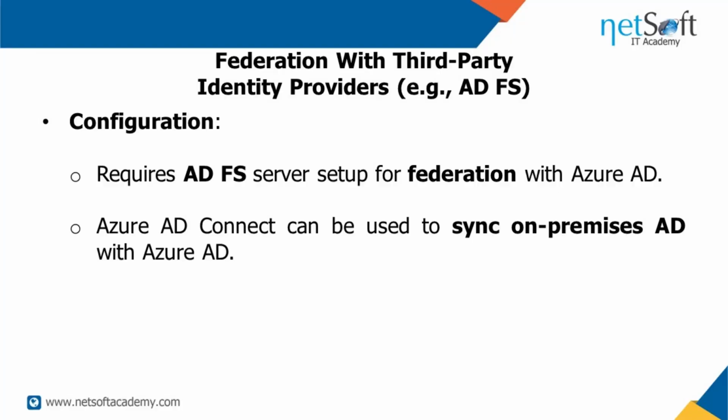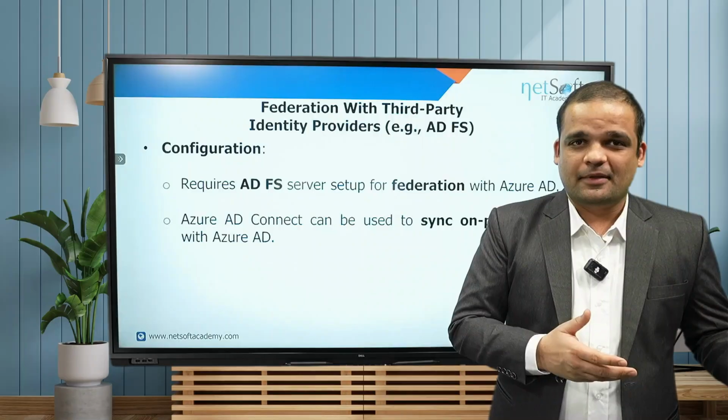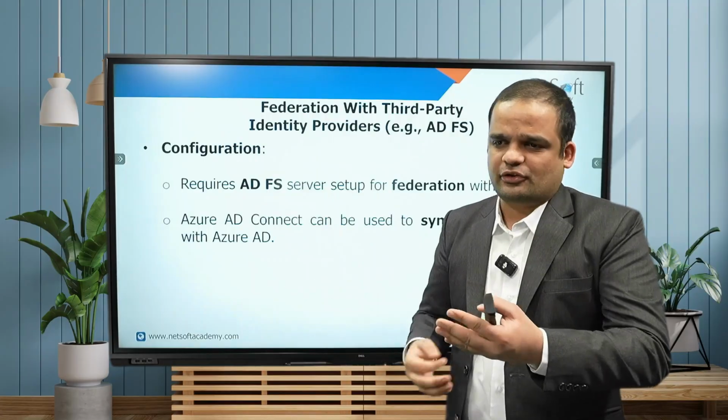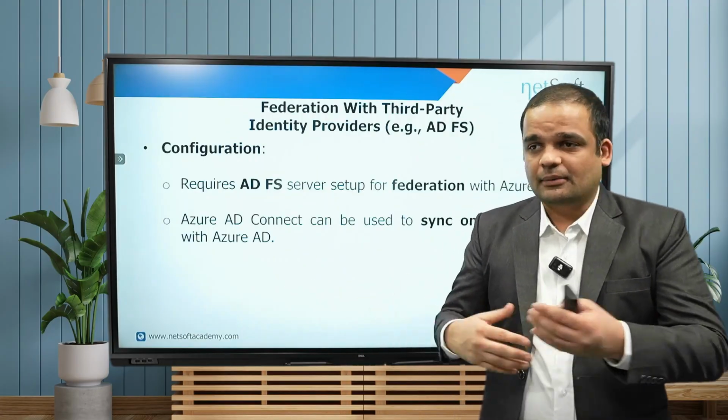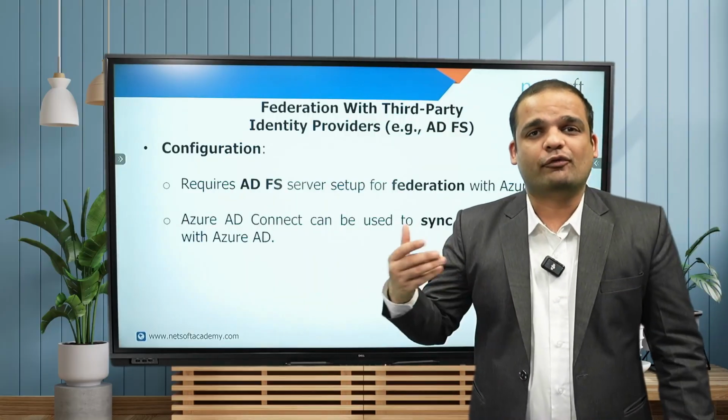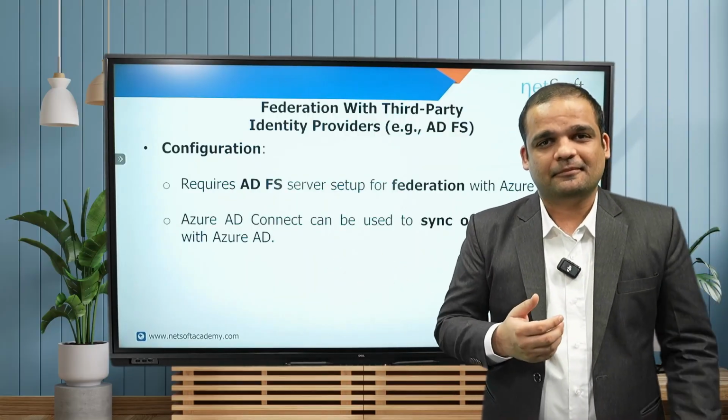How about configuration? Well, to configure federation, you'll need to set up an ADFS server for federation with Entra ID. Or you must have a federated account on a third-party platform such as Google, Meta, X, even GitHub. And then you can move forward and connect them.